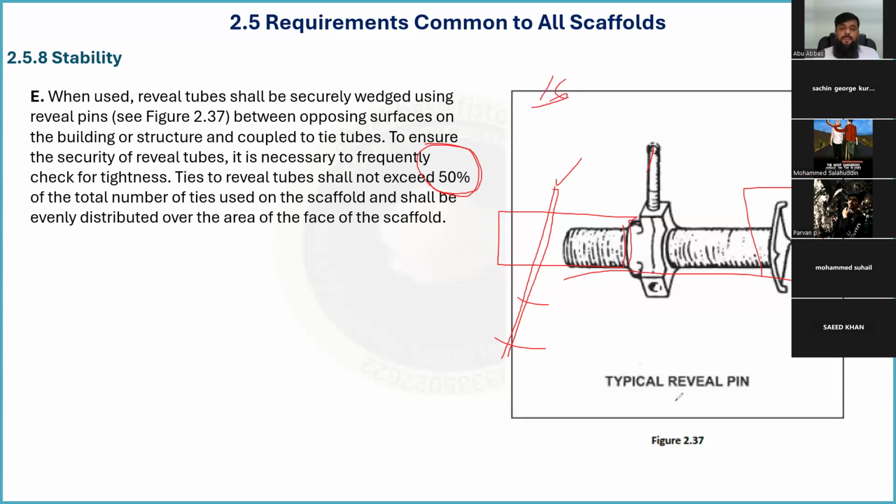So revel tie cannot be more than 8. Okay? More than 8 numbers. That will be 50% of total ties. And then the second thing is shall be evenly distributed over the area of the face of the scaffold.